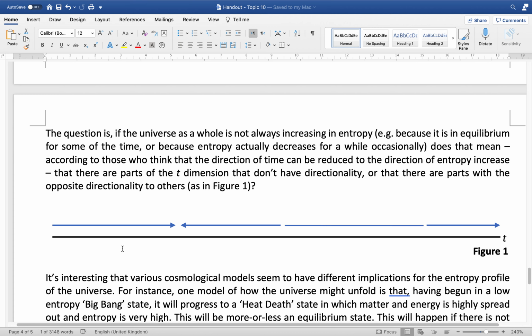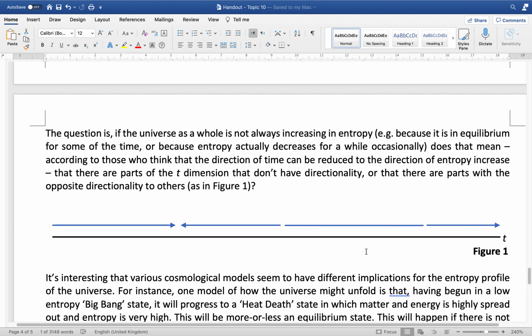So does that mean then, according to those who think that the direction of time can be reduced to the direction of entropy increase, that there are parts of the t dimension that don't have directionality, or parts that even have the opposite directionality to others? So this is sort of illustrated in figure 1.